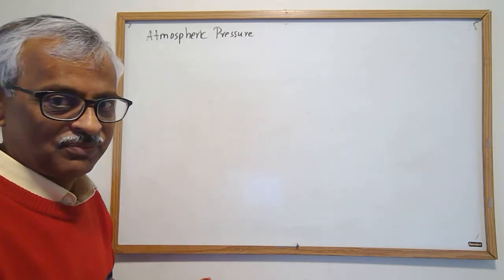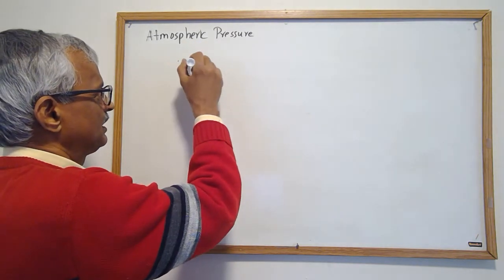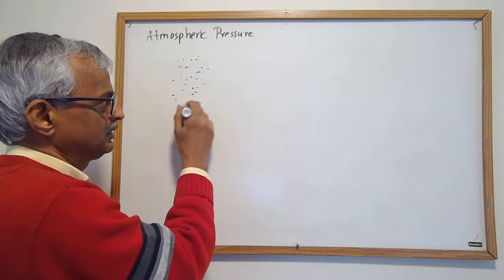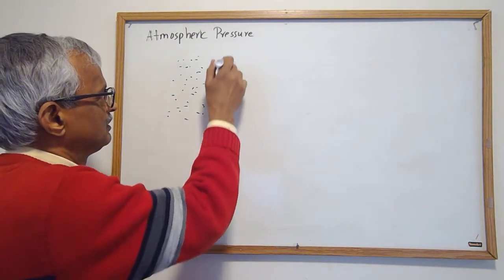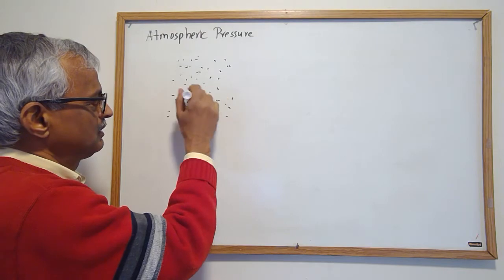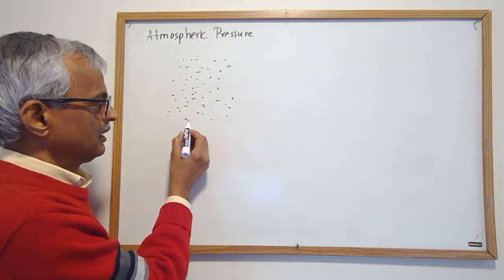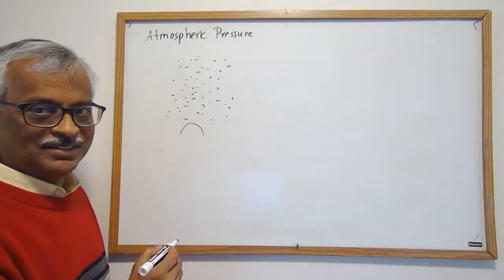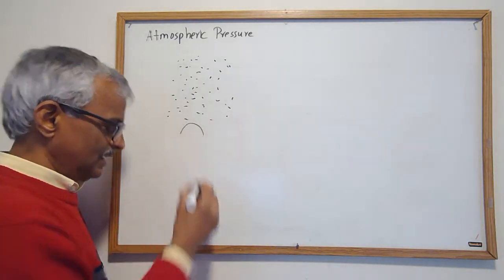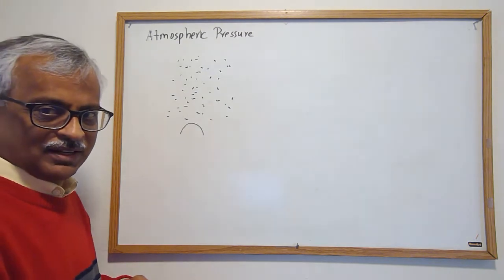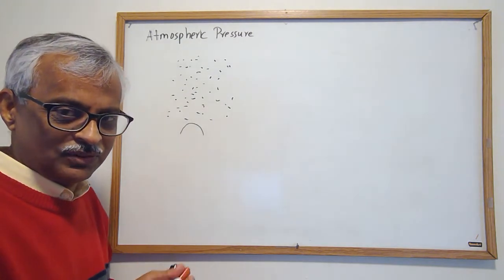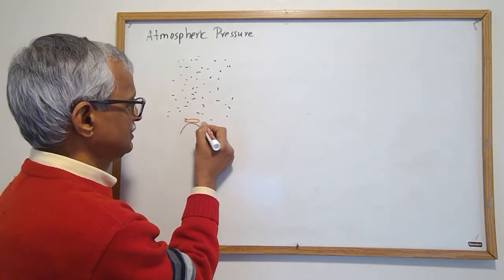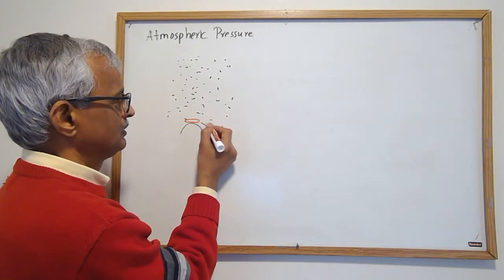What's going on is we have maybe atmospheric particles, dust, and molecules, what have you. So this is some atmosphere. So if I look at, say, somebody's head, so here's somebody's head, and let's look at the area of cross section. This is the area. So area A.